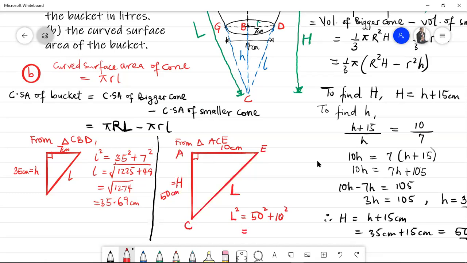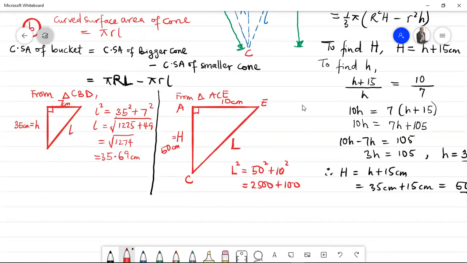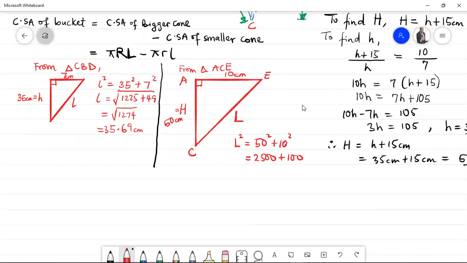So to get 50 squared, we're going to have 2,500, plus 100 for 10 squared. So we're looking at L squared to definitely be equal to 2,600, which means that big L is the square root of 2,600.